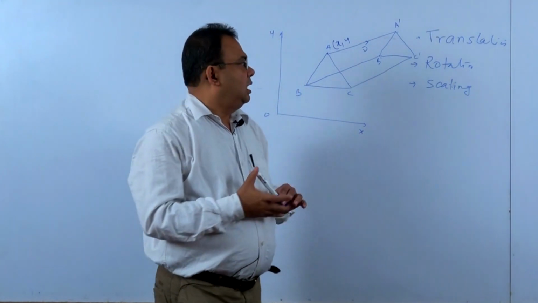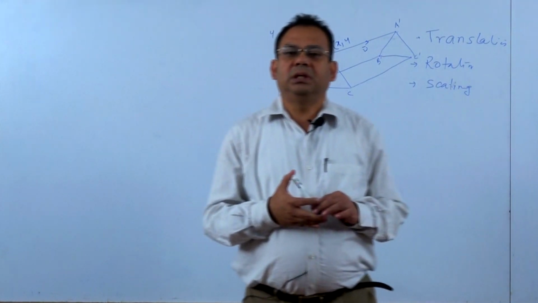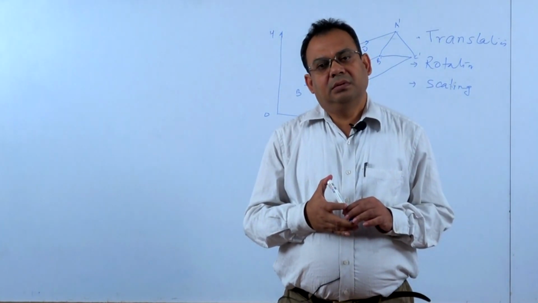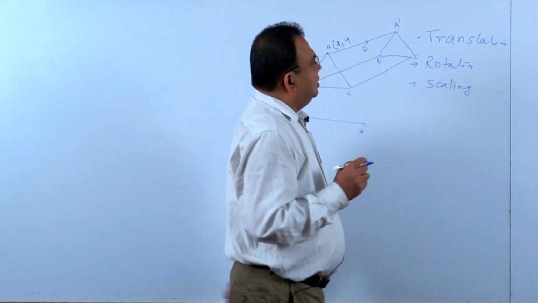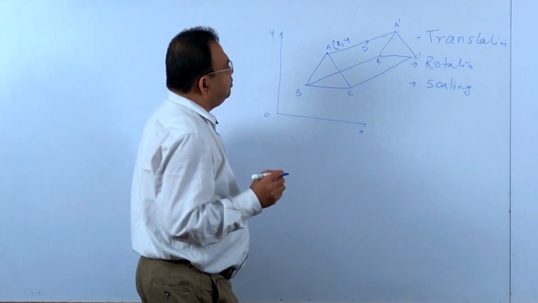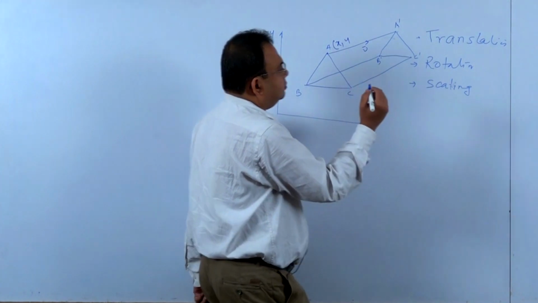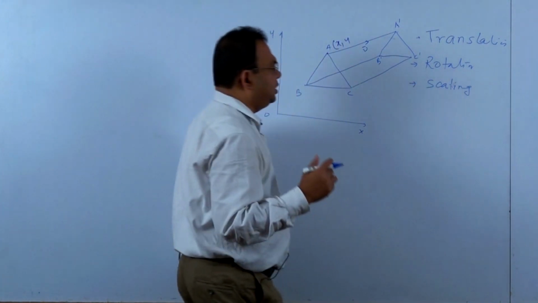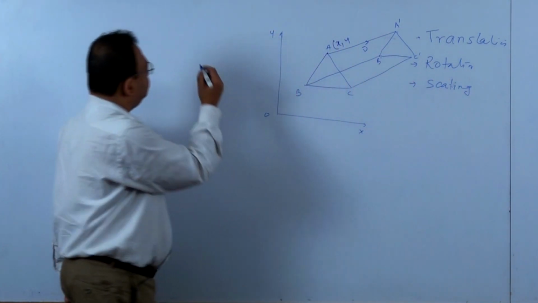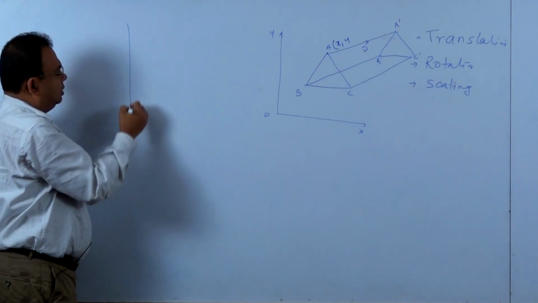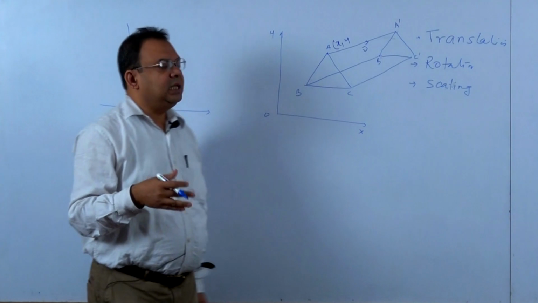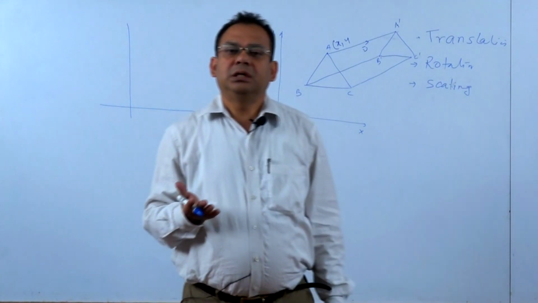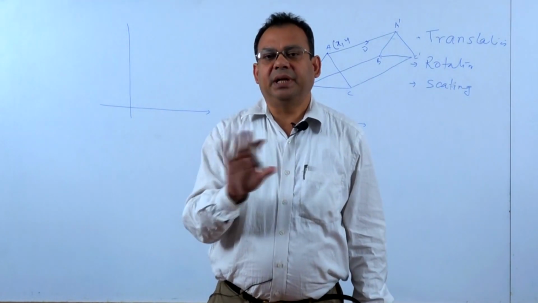Now let us see how these translations can be represented in computer graphics using different techniques. Now let us consider any arbitrary point. Suppose we are using a two-dimensional Cartesian system, because here we are representing every object in 2D, that means in a plane.